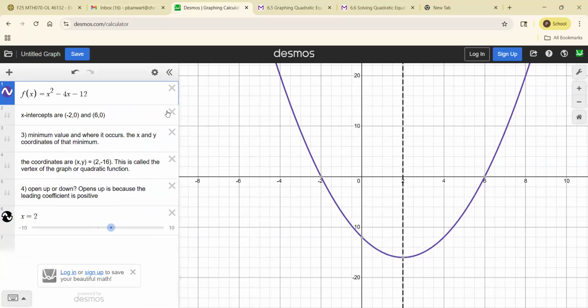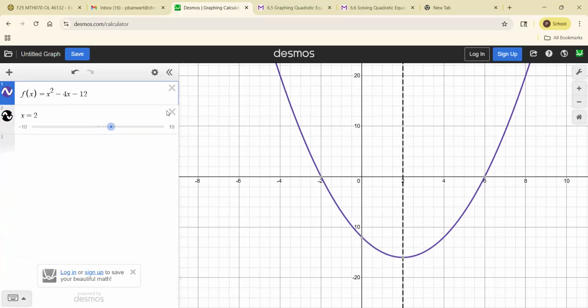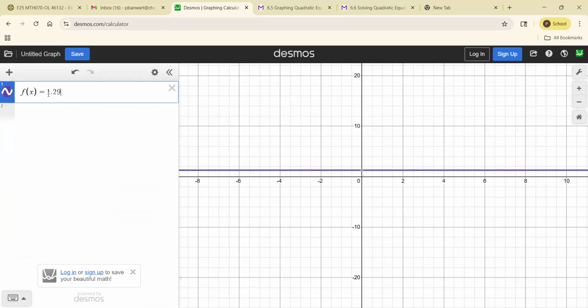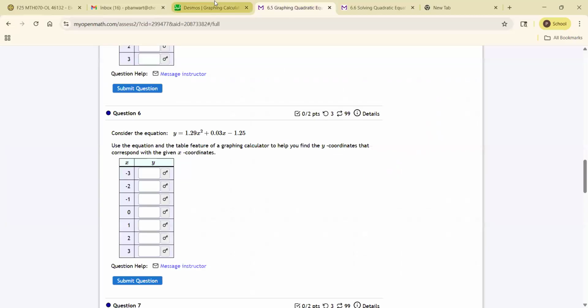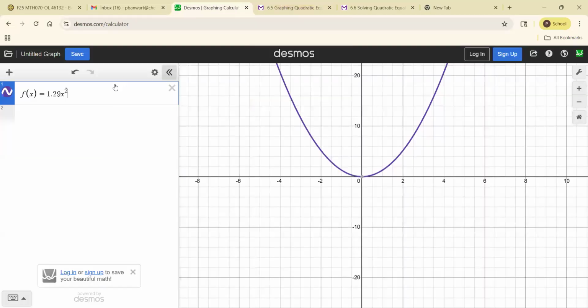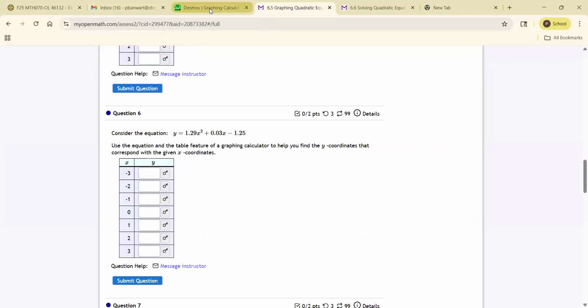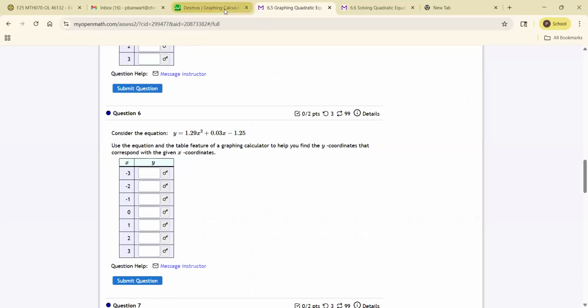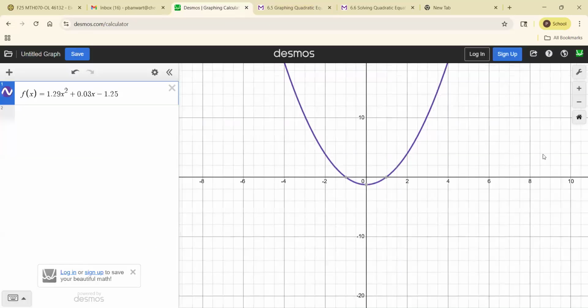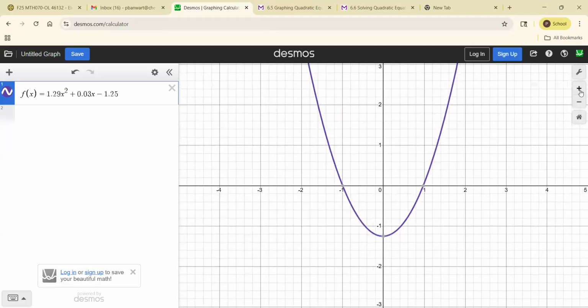I've got 1.29 x squared minus 0.03x. Oh, that's a plus 0.03x, and then a minus 1.25. Is that right? Yep. And let me go back to the square zoom.